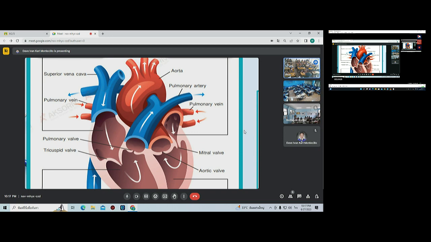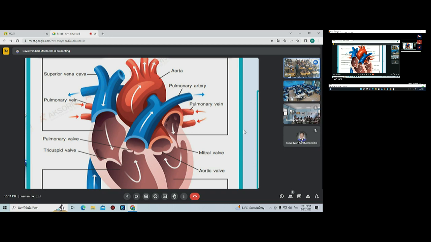Now, deoxygenated blood. Where does the deoxygenated blood enter? What is this blue, the big blue? No, here it's in the superior vena cava.